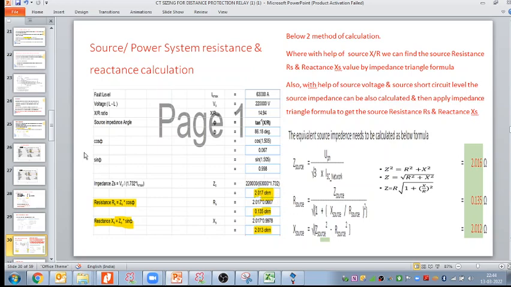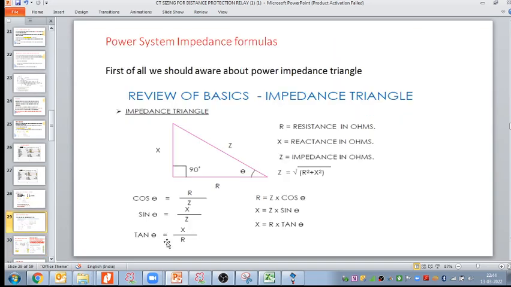Now we know the source impedance ZS and we know the cos theta, so we can find the resistance and the reactance by applying this formula: R is equal to Z cos theta and X is equal to Z sin theta.